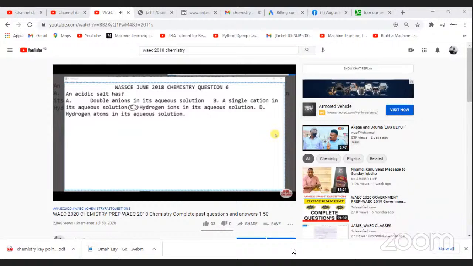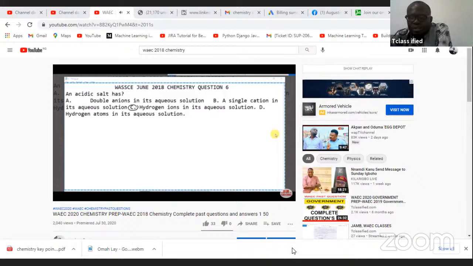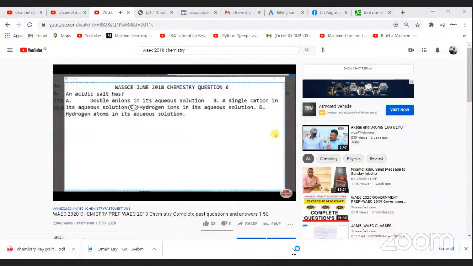Okay. So let's look at number 10. An organic compound has the empirical formula CH2. If its molar mass is 42 grams per mole, what is the molecular formula? It gave us H equals 1.0 and C equals 12.0.